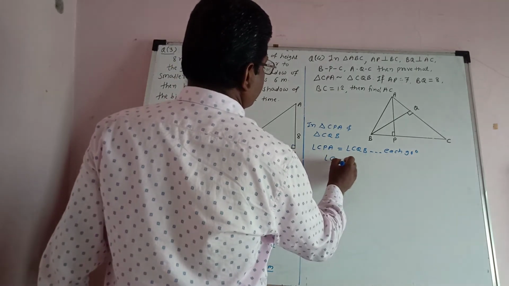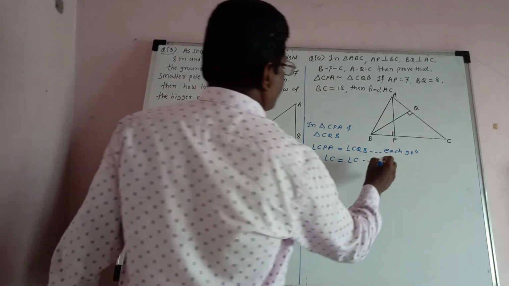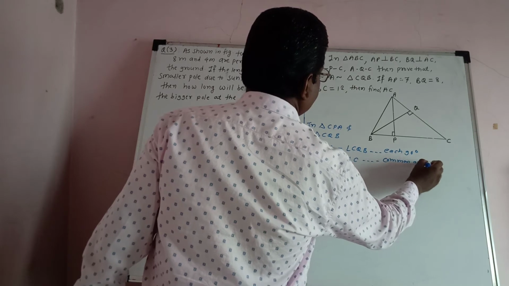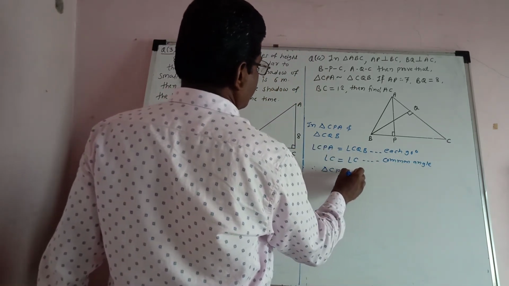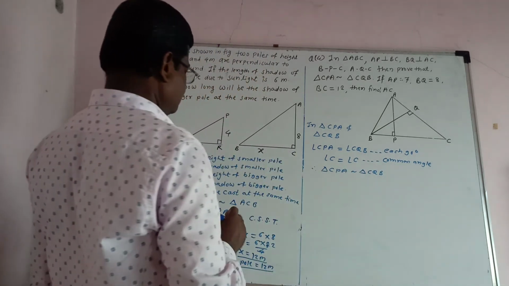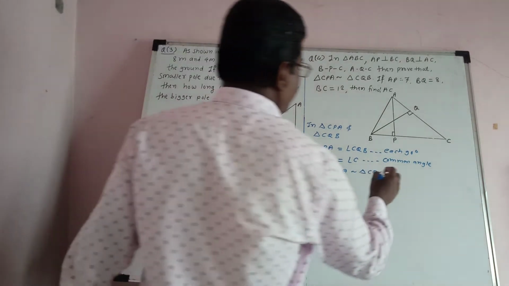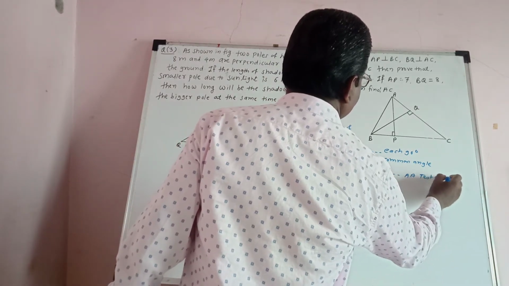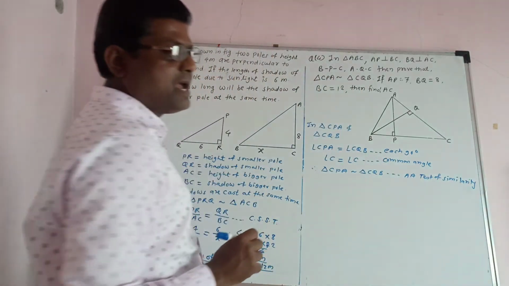Angle C is equal to angle C, common angle. Therefore, triangle CPA is similar to triangle CQB. These two triangles are similar by AA test of similarity.